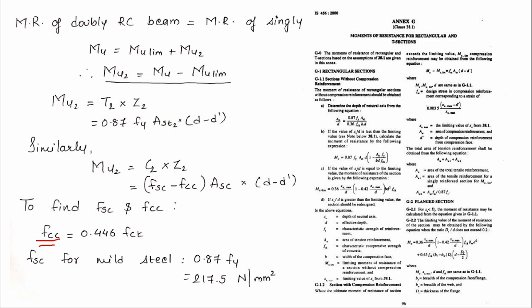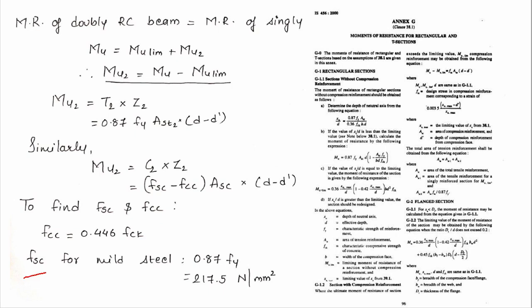FCC: F stands for stress, the first C stands for compression, and the second C stands for concrete, so it is stress in concrete in compression. It will always be equal to the maximum compressive stress that we have already seen in the previous chapter. It will be equal to 0.446 FCK, and FCK is the grade of concrete. It will always be mentioned in the question. So from this equation we will be finding FCC.